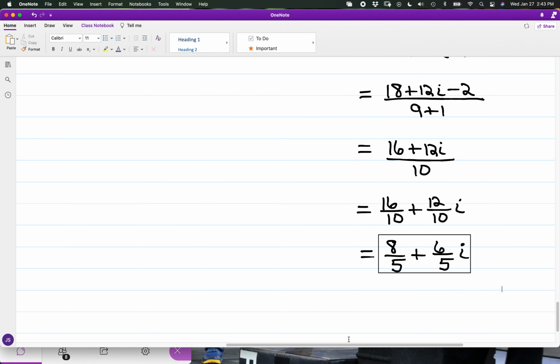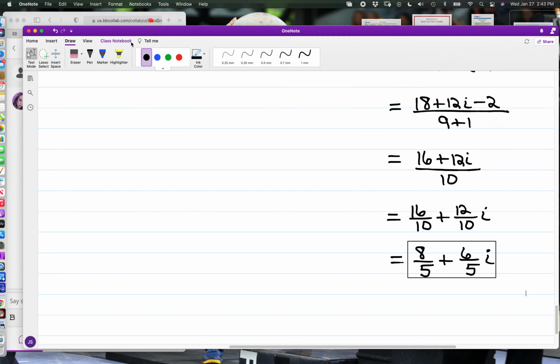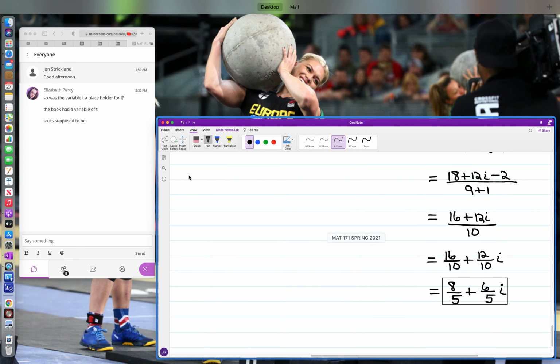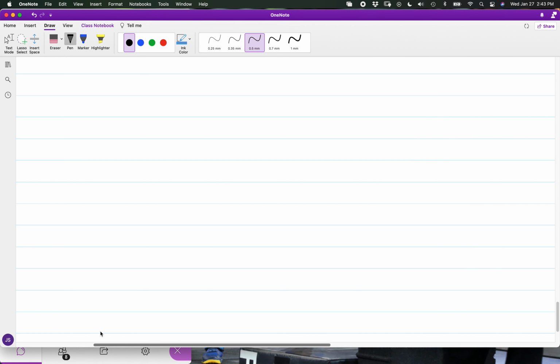And now, a little change up. In the case of what we have for 52, we have 5 plus i over 4 minus i.